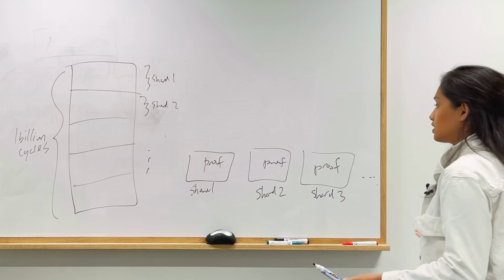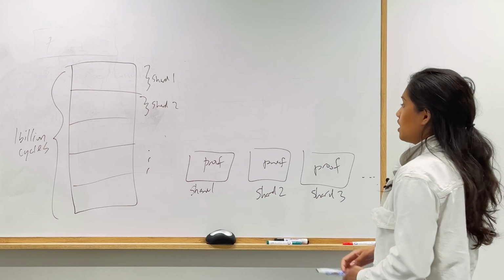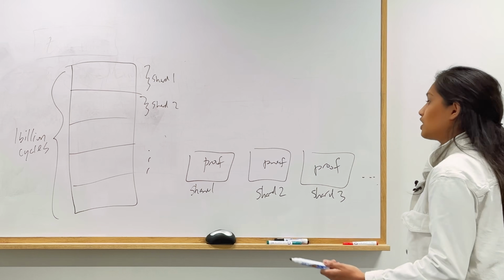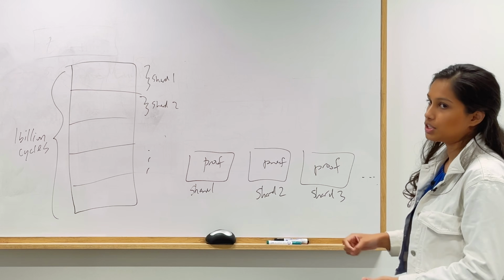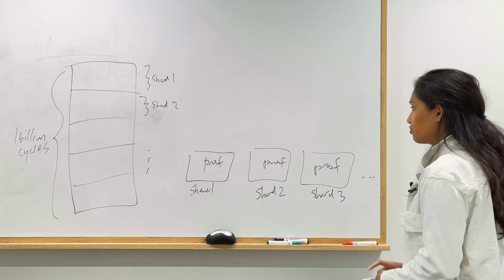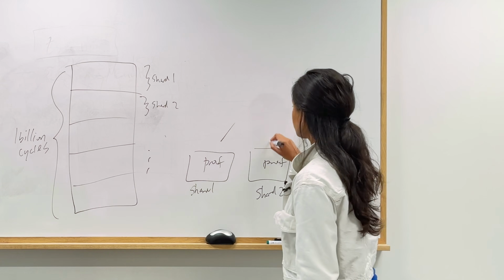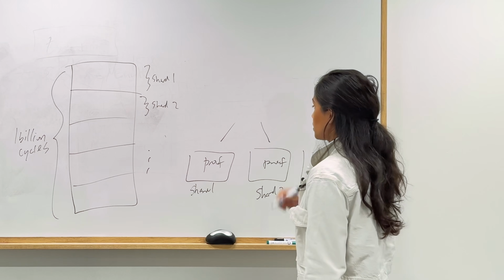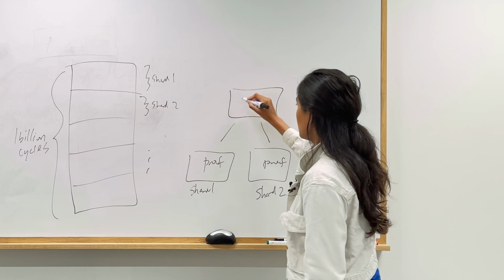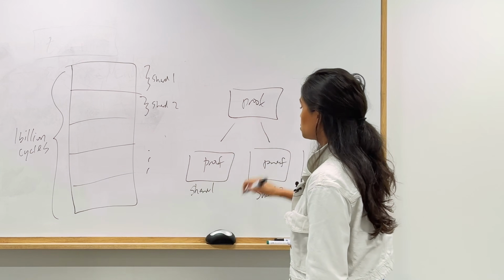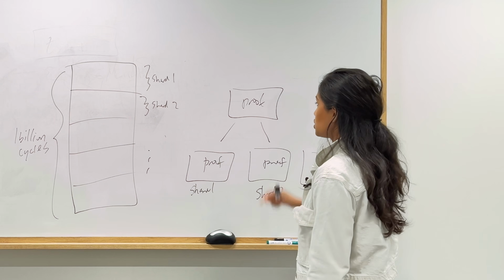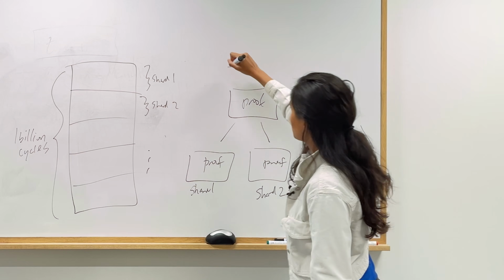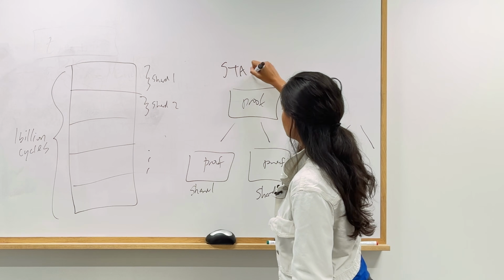Another is that it's succinct. If I have a bunch of shards, obviously this isn't a fixed size proof with the length of my computation, and we want a fixed size proof. So what do I do? I can recursively combine 2 of these shard proofs into one proof by using SNARK recursion.